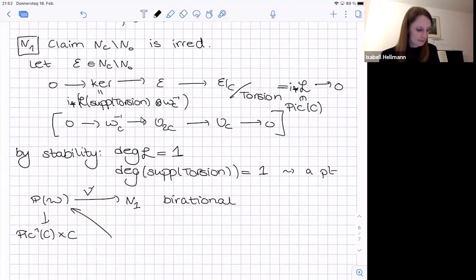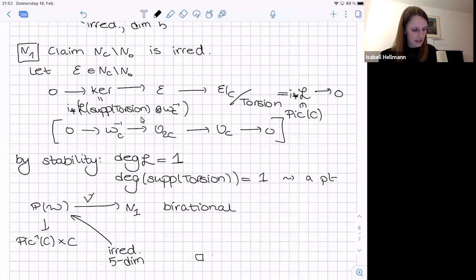But what is more interesting to us at this point is that this is an irreducible space of dimension 5. And this concludes the proof that I only have one extra irreducible component.